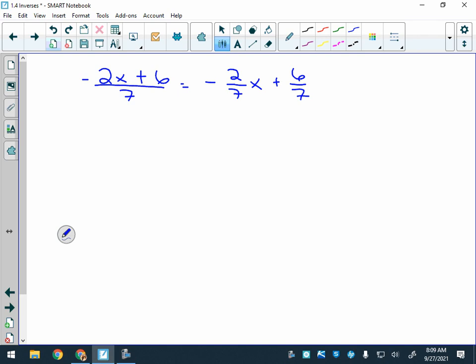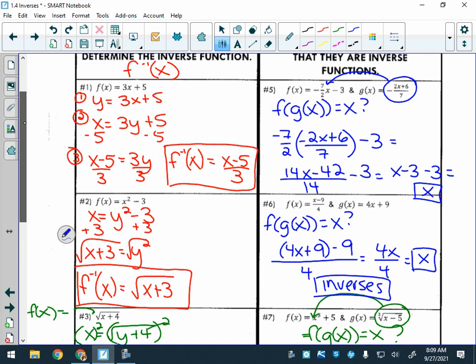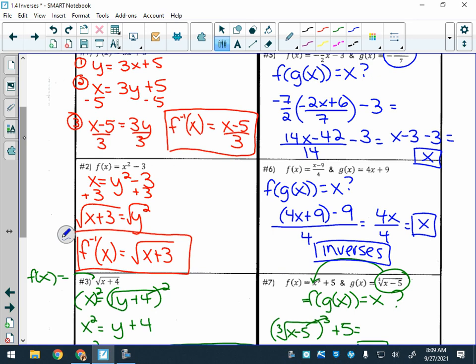Okay, so here, looking at it, we only have the negative 2 there, right? And it's positive 6. So when we get that, if this was a negative here, would that end up being positive? Yeah. So in this case, are they inverses of one another? No, they're not, because you're left with x minus 6.